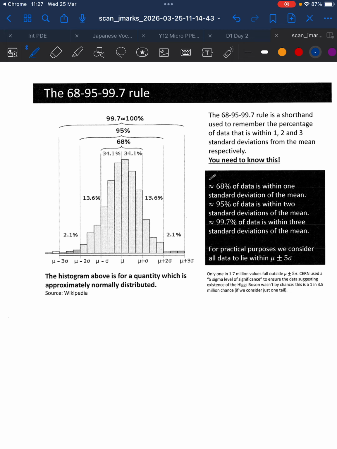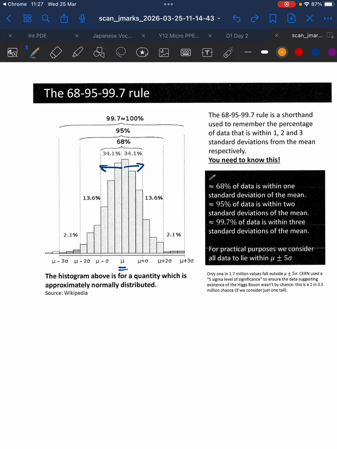Also, since this is a really common distribution, we know lots of facts about this. So we can say, for example, that the inner 1 standard deviation away from the mean either side adds up to 68% of the data. So what that means is lots and lots of data is within 1 standard deviation.